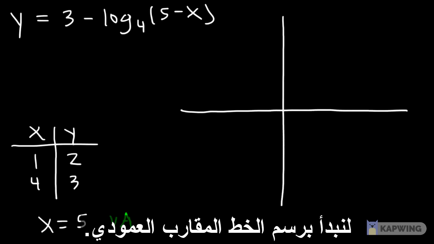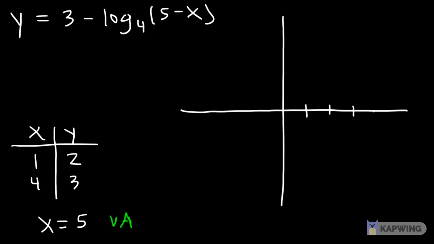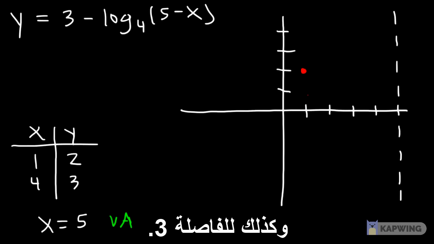So let's begin by plotting the vertical asymptote, which is at x equals 5. Now we have the point 1, 2, and also 4, 3.